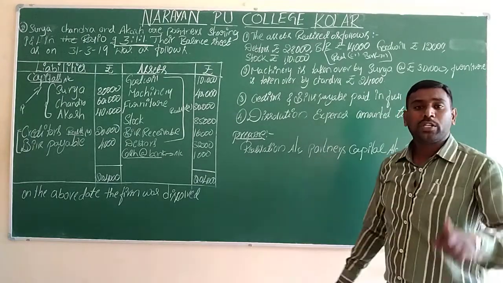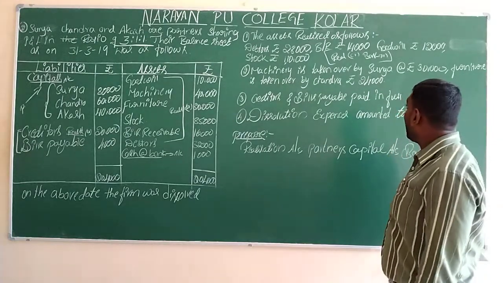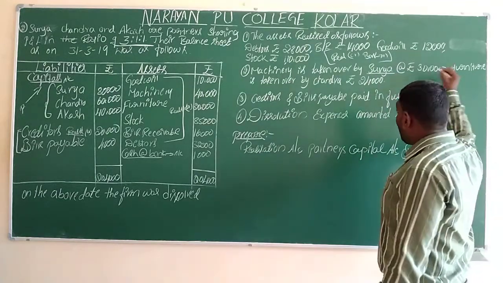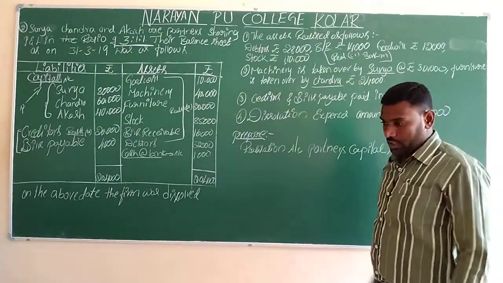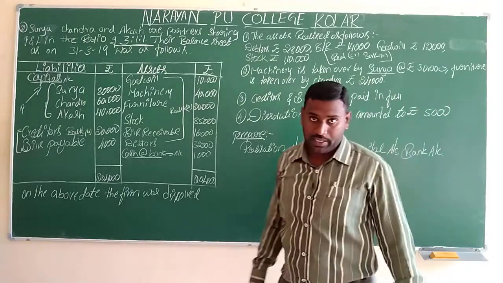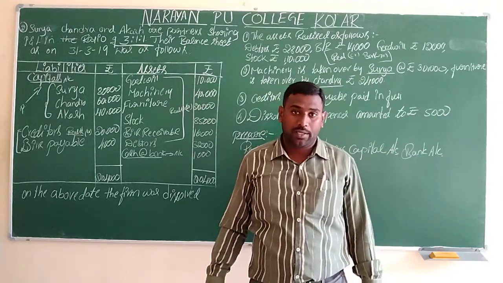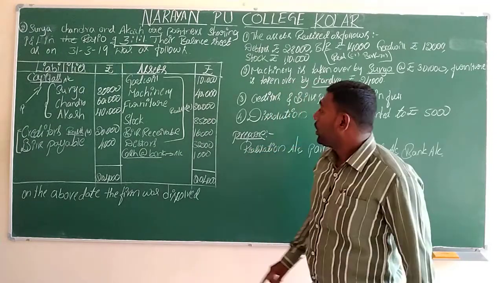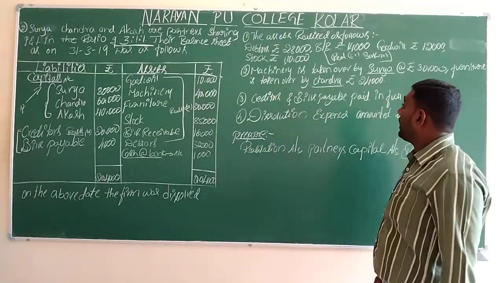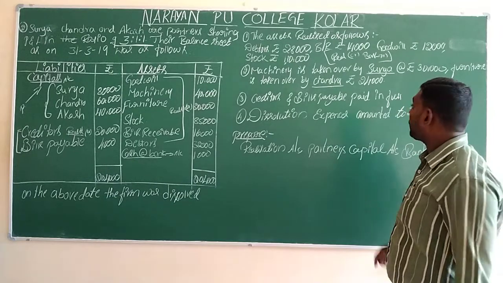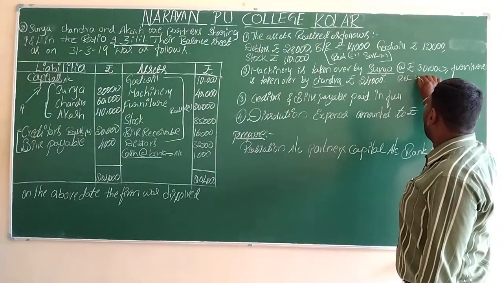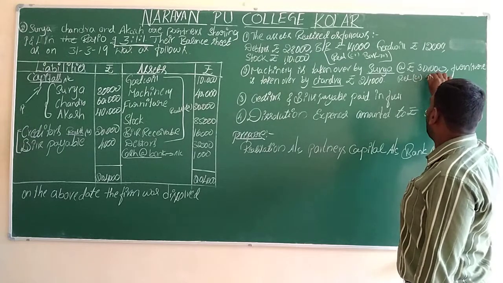Machinery is an asset taken over by Surya. Furniture is taken over by Chandra. Out of the 2 assets, out of 3 partners, 2 partners have taken over separately. So this will come under step number 5: realization account, credit side we have to record it.